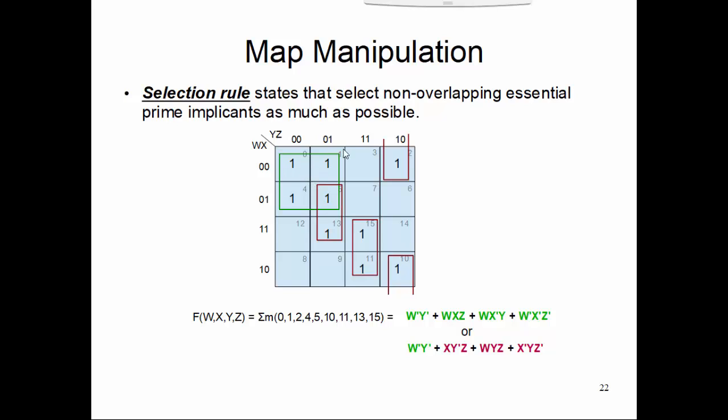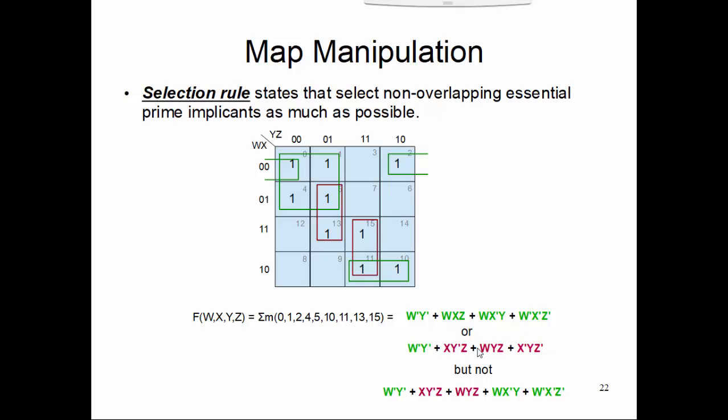So both of these have 1 overlap, but the other selection had more than 1 overlap, and that actually results in more terms in my reduced expression. Though visually it seems like it's okay, we can group it, they're covering all of them, but it still gives you a non-reduced expression. So be careful of this type of situation.